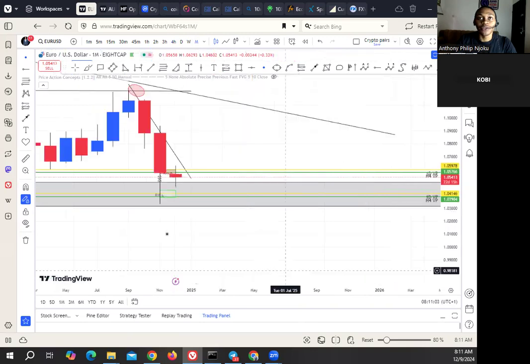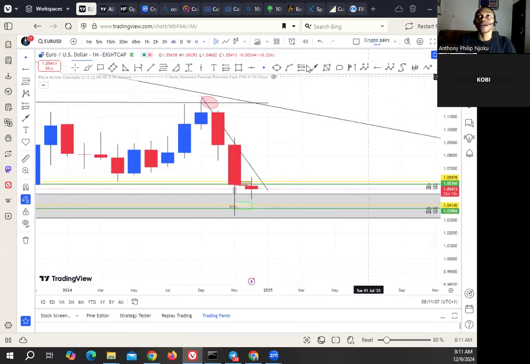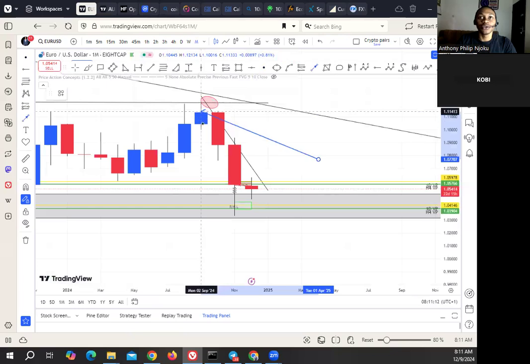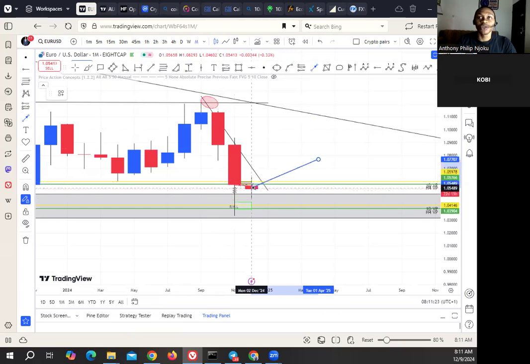On the monthly time frame, we see that the September candle was bullish. The October candle is bearish, the November candle is bearish, and December is shaping up for EU.